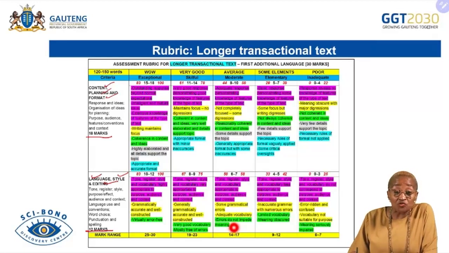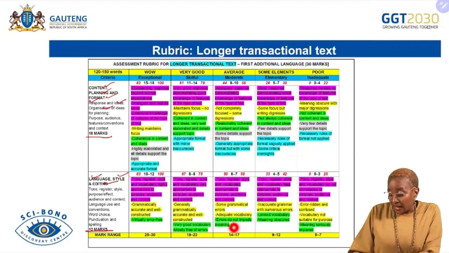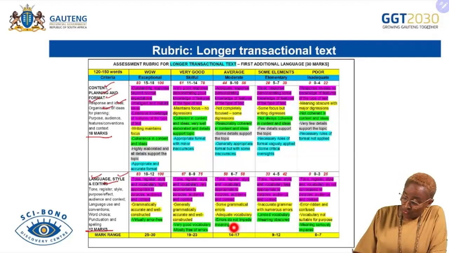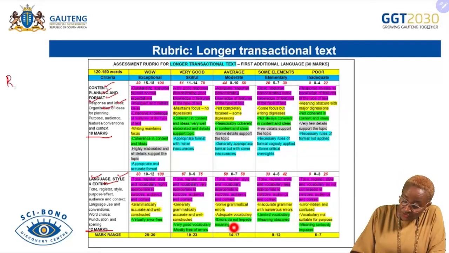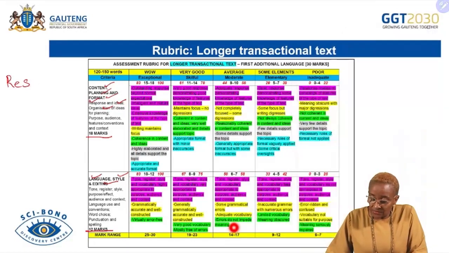There are 3 aspects that we need to look at when we judge content. And what are those 3 aspects? That is the response, ideas, as well as organizations. Allow me to write that on the side so that you get a clear understanding of all of these aspects. We've got the response, right.